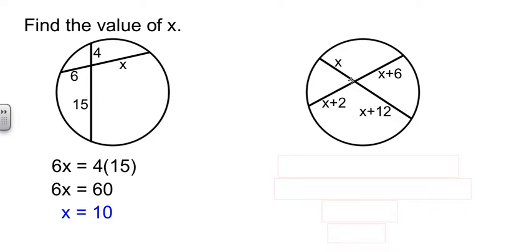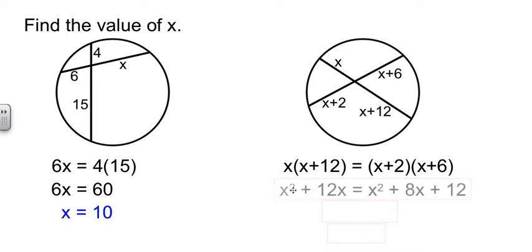The same theorem works. This piece times this one is equal to the x plus 2 piece times the x plus 6 piece. Well, now it's a simple algebra problem.